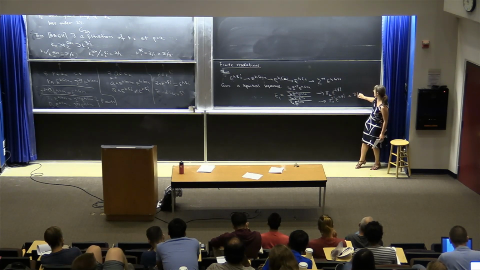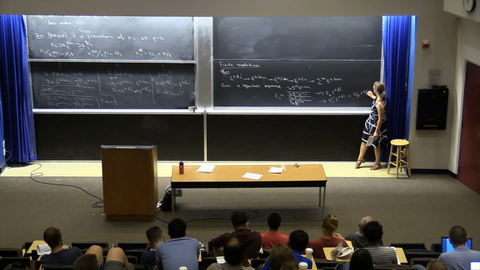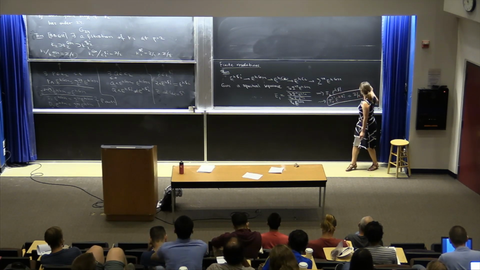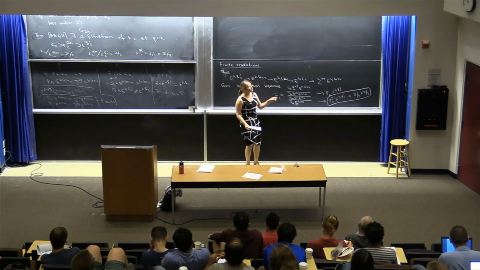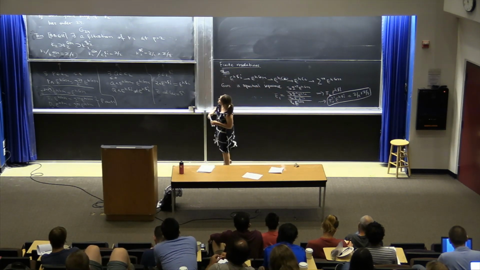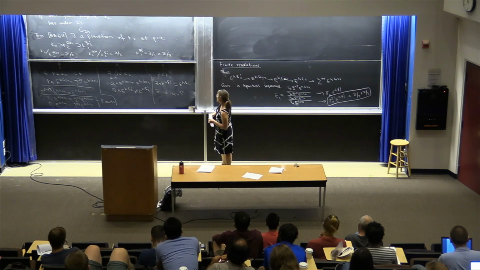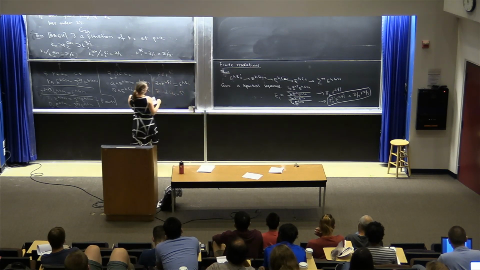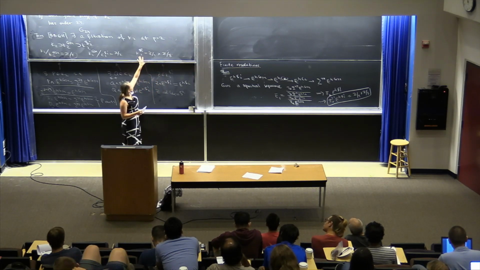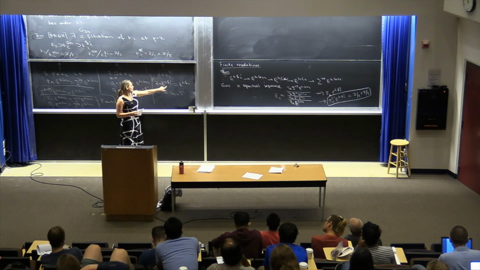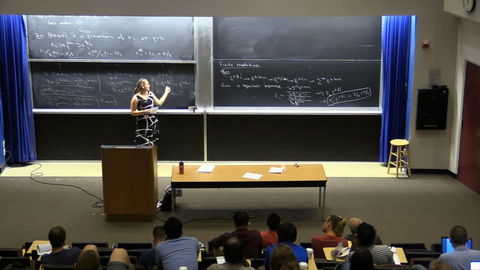So this is Z mod 4 times Z mod 8. So you see what lives in this group are spectra such that this half of the sphere does not distinguish them from the sphere. Okay?